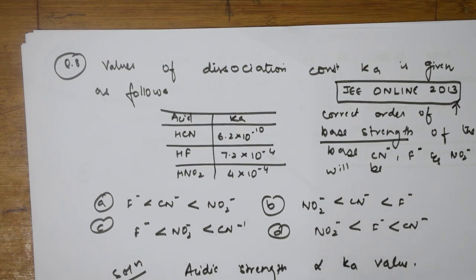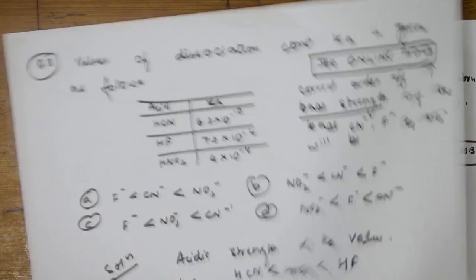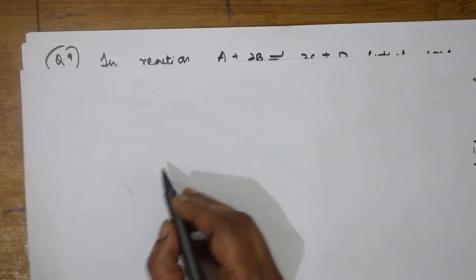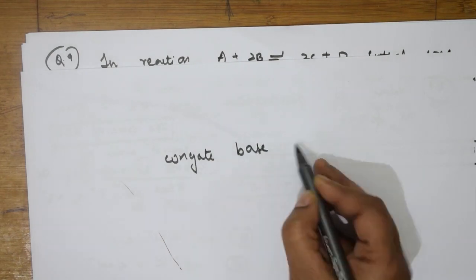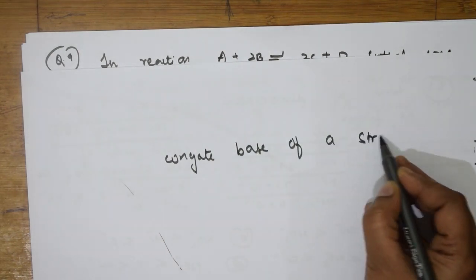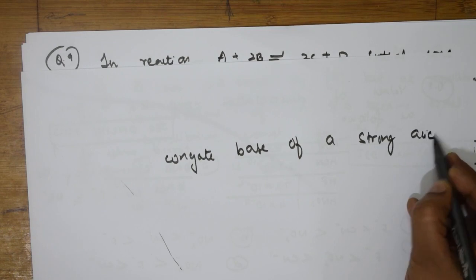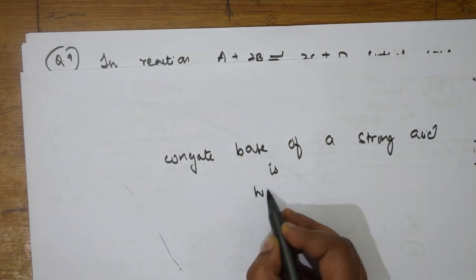This is a concept. Now conjugate base of a strong acid is weak. This is what we have studied in the Bronsted-Lowry concept also. What do we learn? We have learned that the conjugate base of a strong acid is weak.